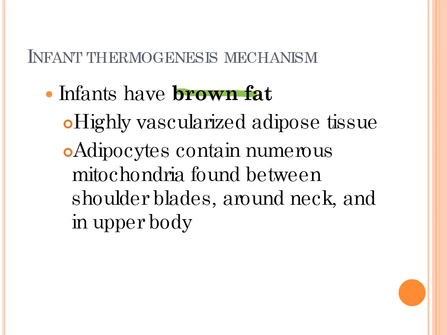The mitochondria in brown fat can be turned on to produce additional energy. We find most of this in the shoulder blades, around the neck, and in the upper body in our infants. And we've talked before about how we're finding more in our northern populations, the populations who are living in colder climates, and in our much thinner individuals.